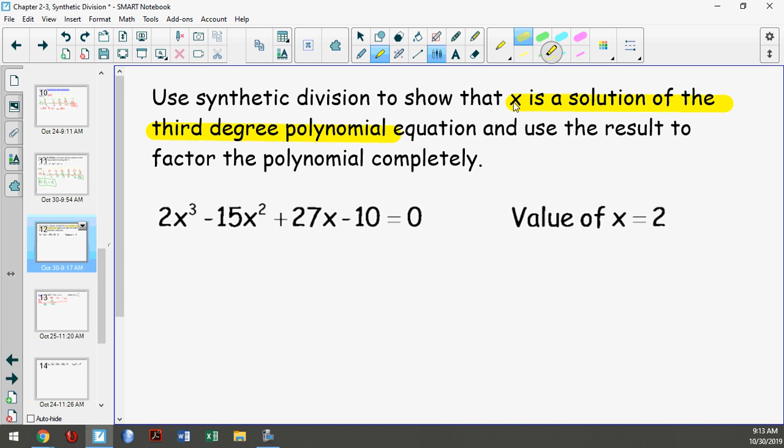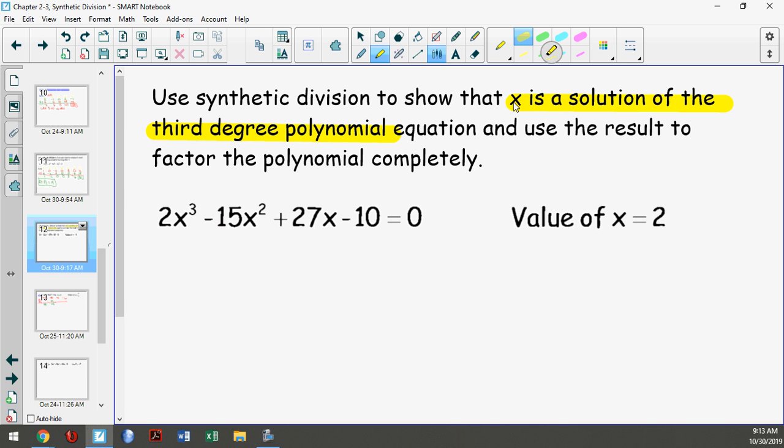Guys, the factor theorem says that your remainder should be 0 if it is a root or an x-intercept or a solution, however many ways you want to say it. Whenever I do synthetic division at 2, it's telling me that this is an answer to that problem, which means it has to have a remainder of 0. Do we all understand that? If you don't get 0 as your remainder, you've screwed up.